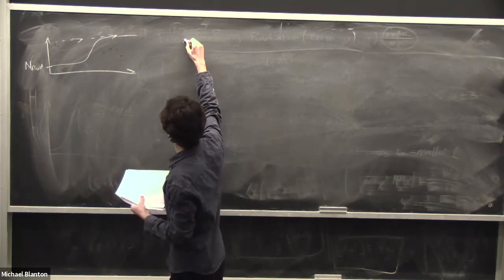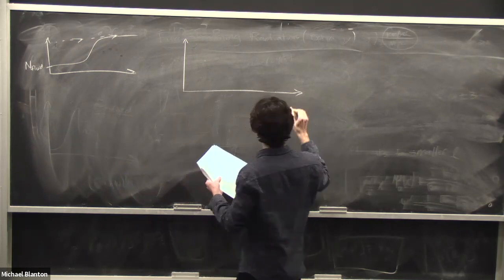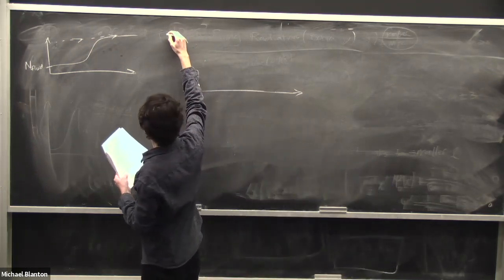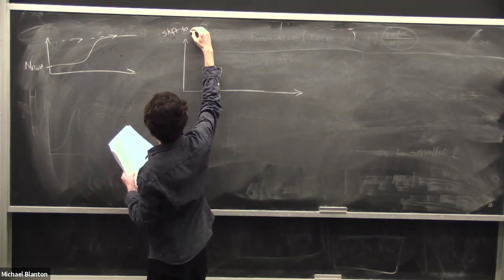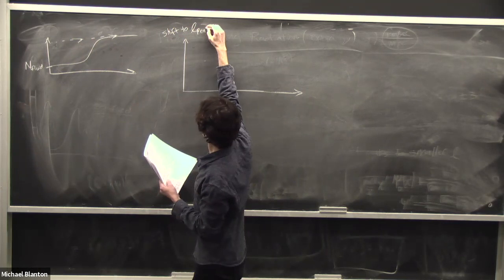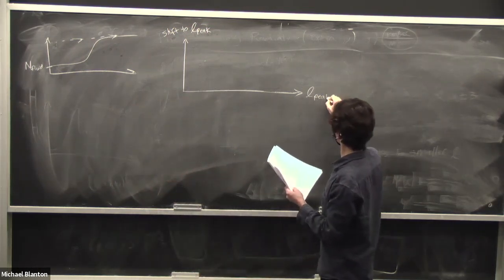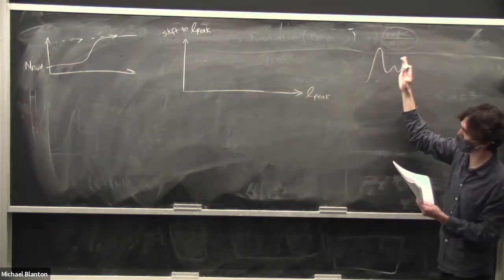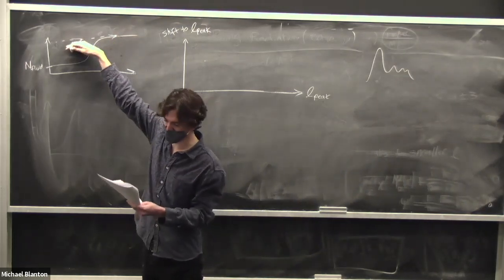When you do this, if you ask what is the shift to the L position of some peak in the CMB as a function of the peak position, the CMB looks something like this. So we're going to ask what happens to the peaks when I give a model a step as opposed to a step that never existed.